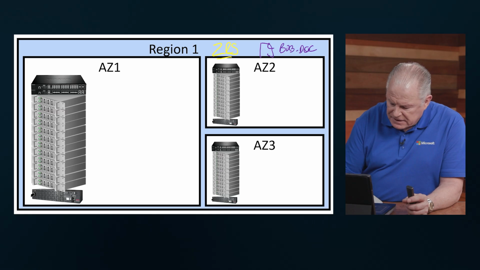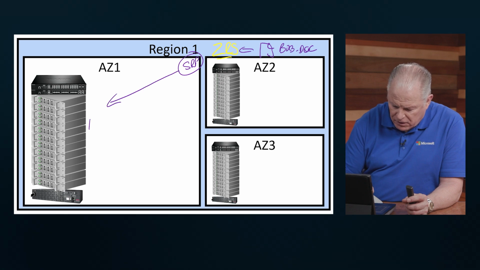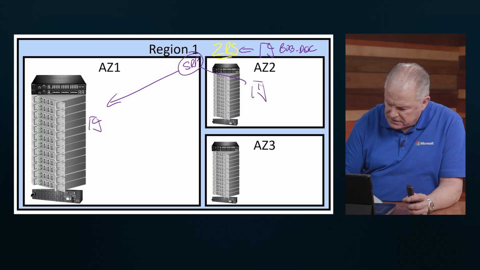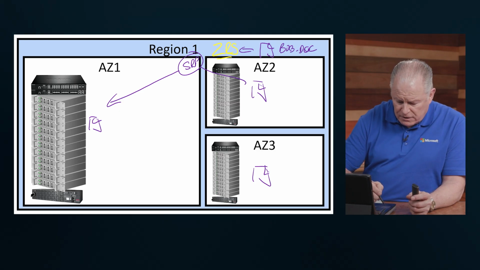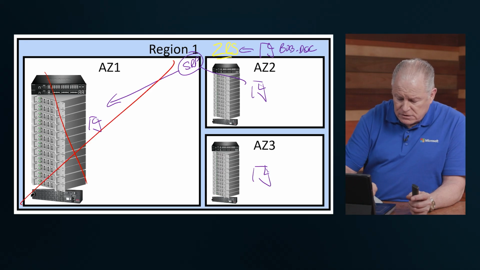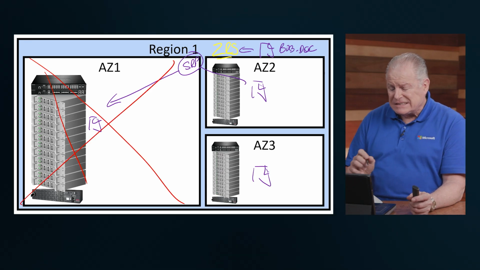And now what happens is I connect to the storage resource provider that is zone redundant, and I'm now going to create 3 copies of that file, but now across 3 different zones. I can lose an entire scale unit. Heck, I can lose an entire data center inside of the region and still have access to my file.